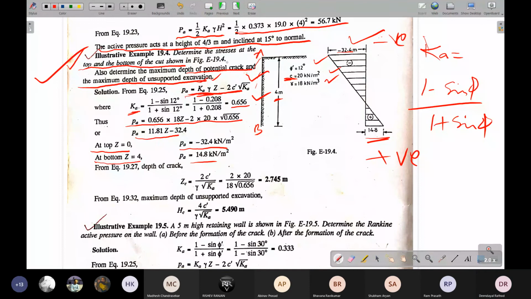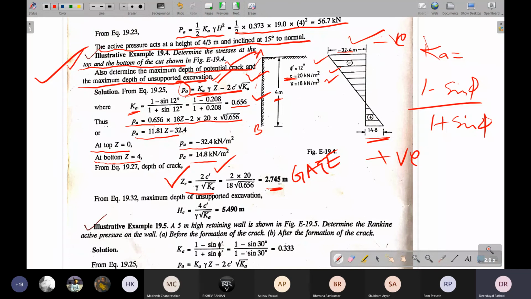Where is that? Potential tension crack. We have seen this. You make this term 0 and find out z. You will get this z equals 2c by gamma root Ka, as I said, very important for the exam. 2 we know, c we know, gamma we know, root Ka we know. It is nothing but 2.745.